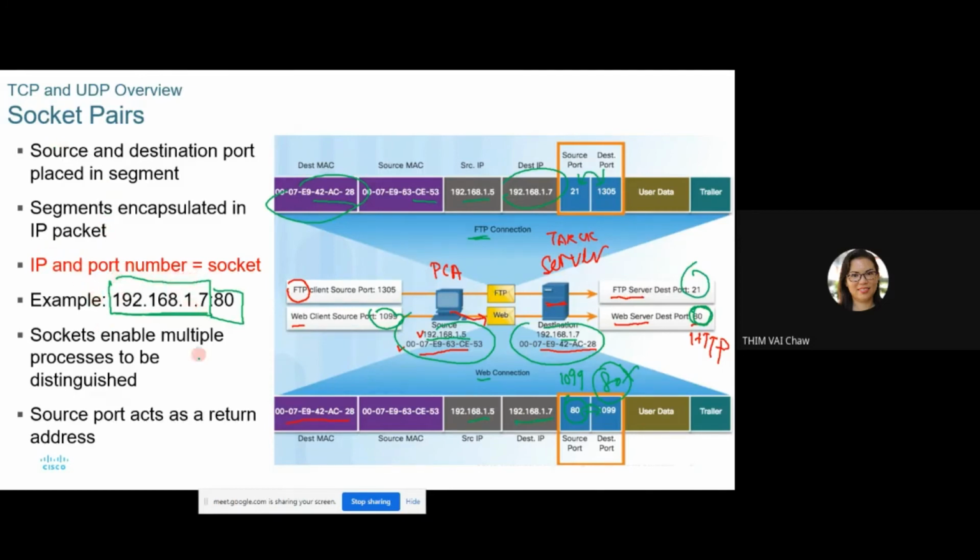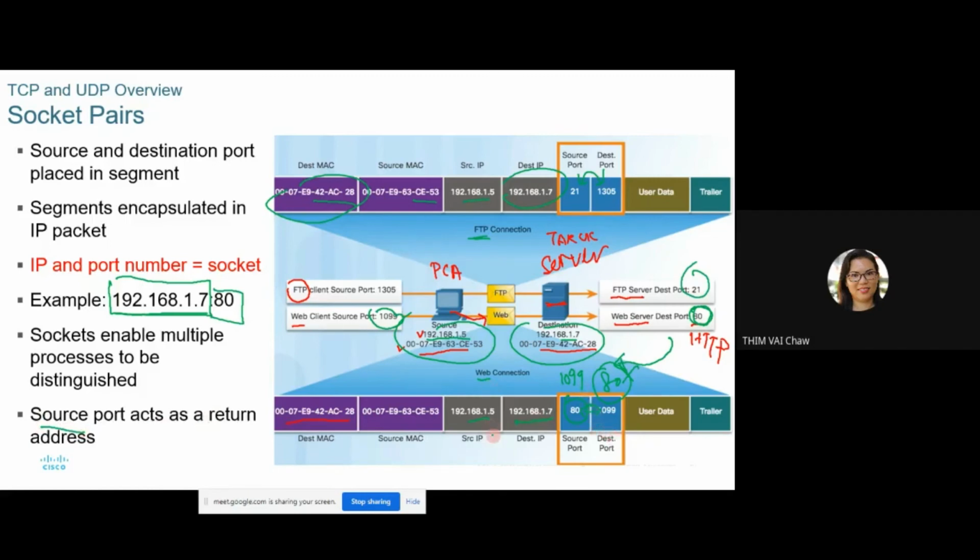So source port acts as a return address. When the server, because you are requesting the web server to give you a web page, returns the web page to you, the source port will become the destination port.